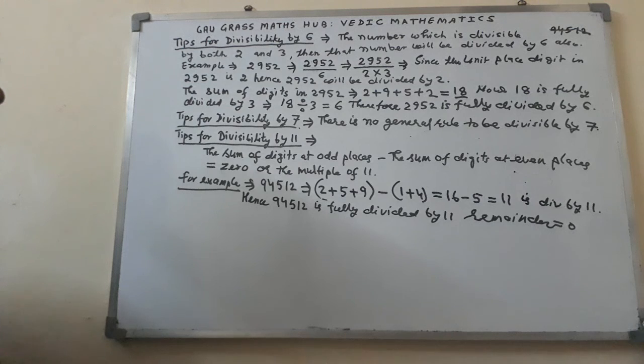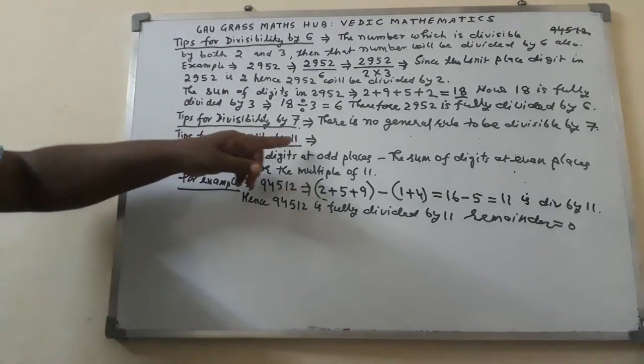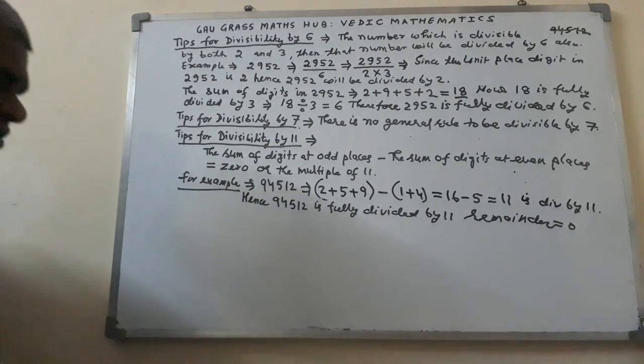In my previous video I explained tips for divisibility by 2, 3, 4, 5 and other numbers up to 9. In this video, divisibility concepts for 6, 11 and 7 I have explained in detail.